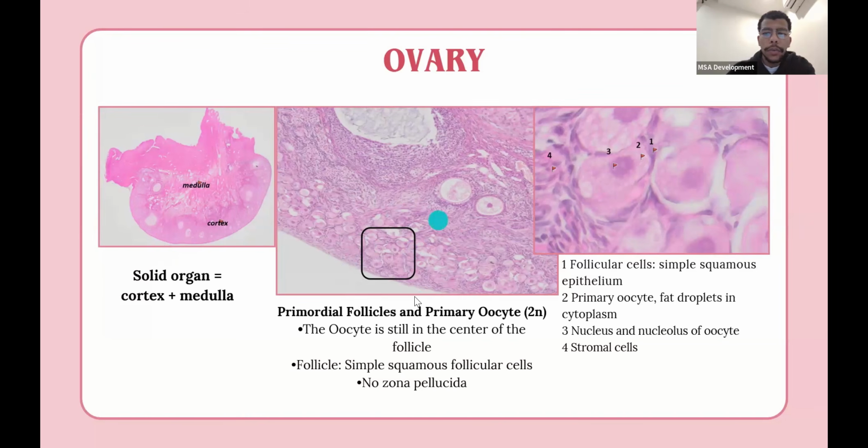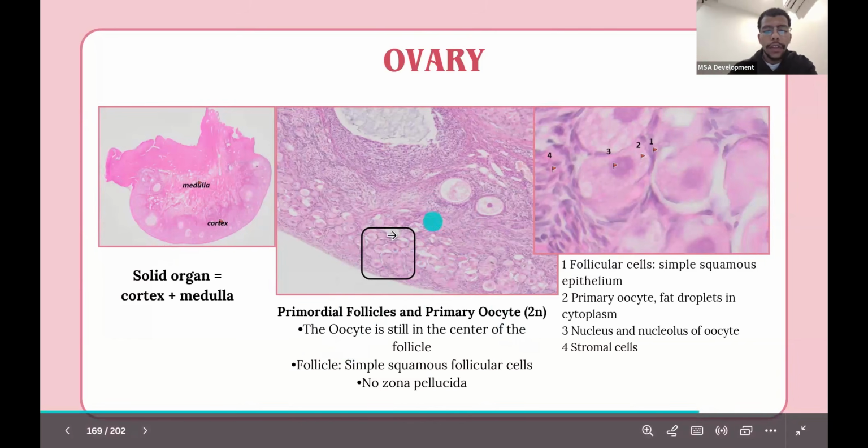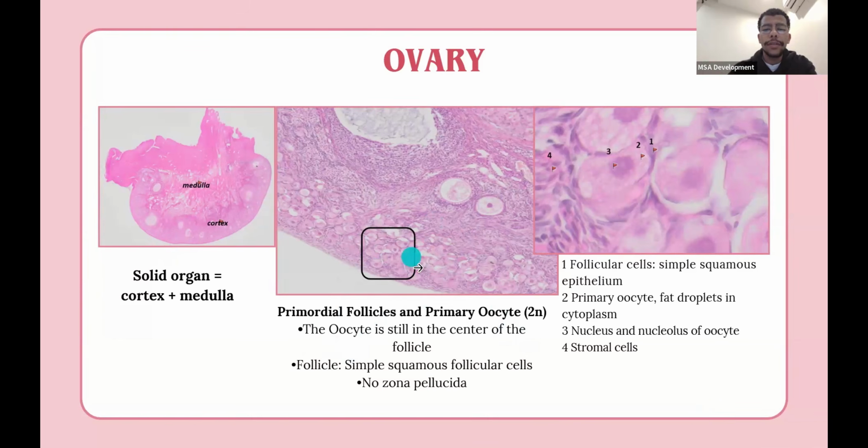A primordial follicle has a primary oocyte in it. Remember, it's 2n, and then after multiple divisions, it becomes n. You have to know it, but I think that's from physiology. So here we have the primordial follicles with primary oocytes.